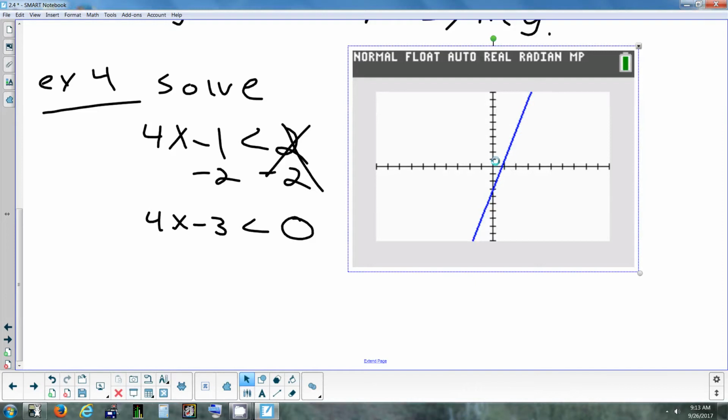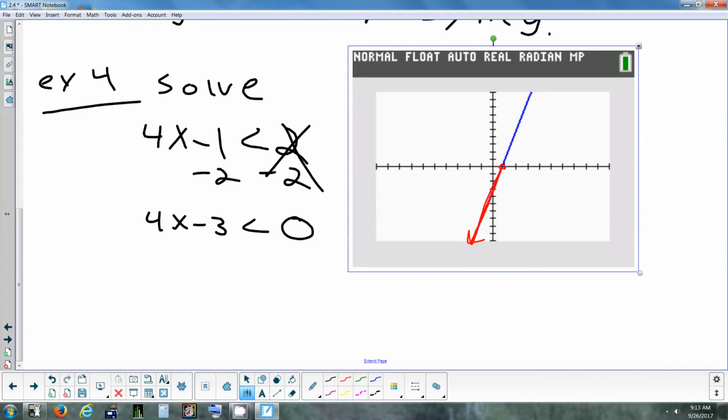So your answers are basically everything in that section for x values. So we're going to be looking for that point that I circled and to the left. Because if you plug in any number to the left of that, your graph would be below 0 for the y value.